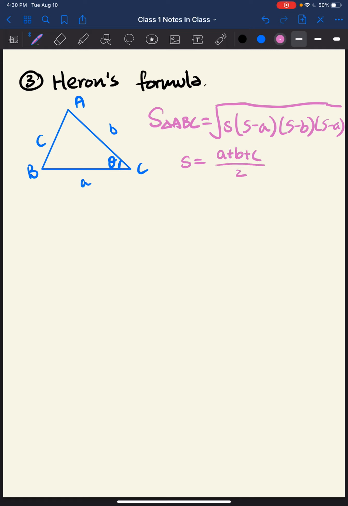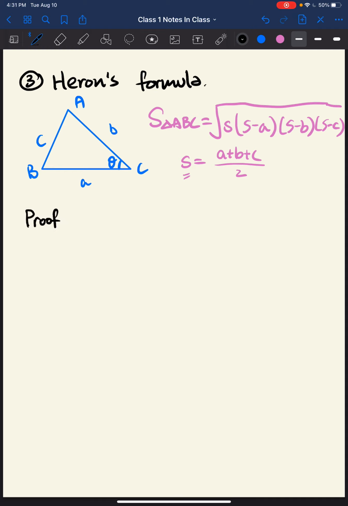So in general, s is half of the perimeter of the triangle, and the area is the square root of s times (s minus a) times (s minus b) times (s minus c). Sorry, I made a typo right here. (s minus c). So now, hopefully, you can understand this proof.